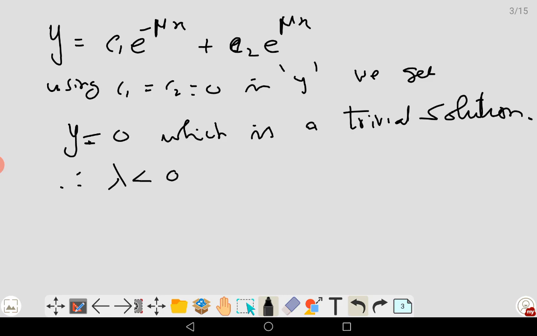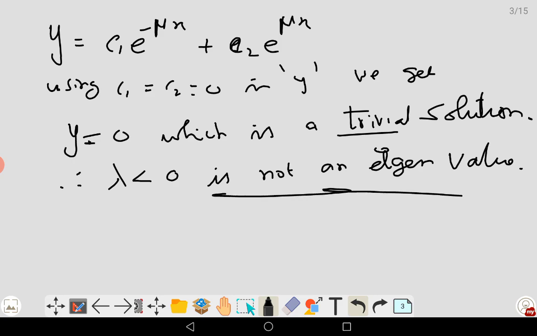Therefore lambda negative 0 is not an eigenvalue, because eigenvalues are those values corresponding to which you get eigenfunctions, non-trivial solution. Eigenvalues are the values corresponding to the non-trivial solution, not for a trivial solution, right? So this is not an eigenvalue. So we are done with the case lambda less than 0.